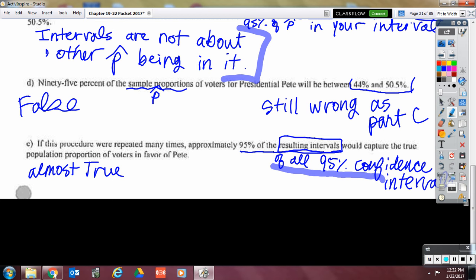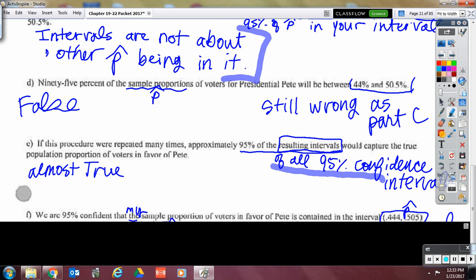So again, the song doesn't say 95% of any old interval that you make. No, it says of all 95% intervals of confidence, they contain the truth.